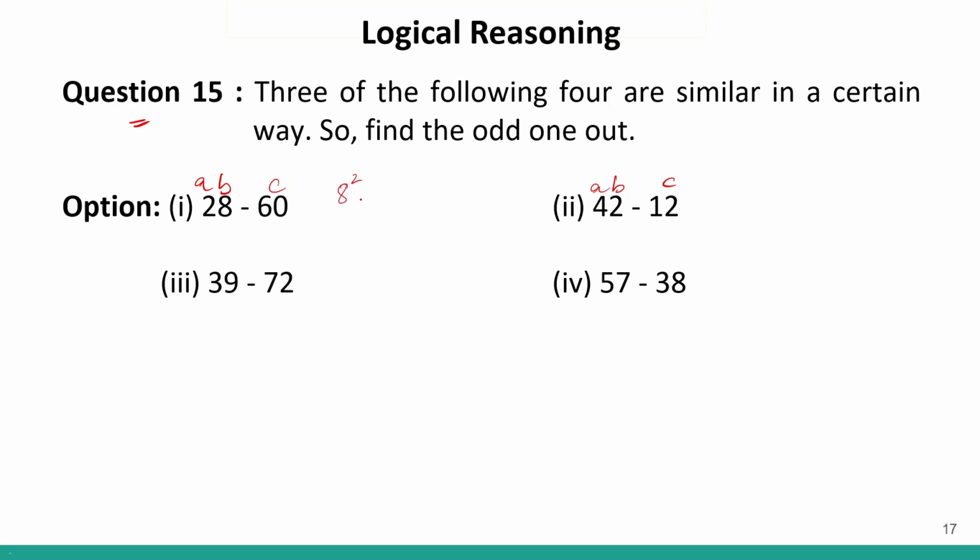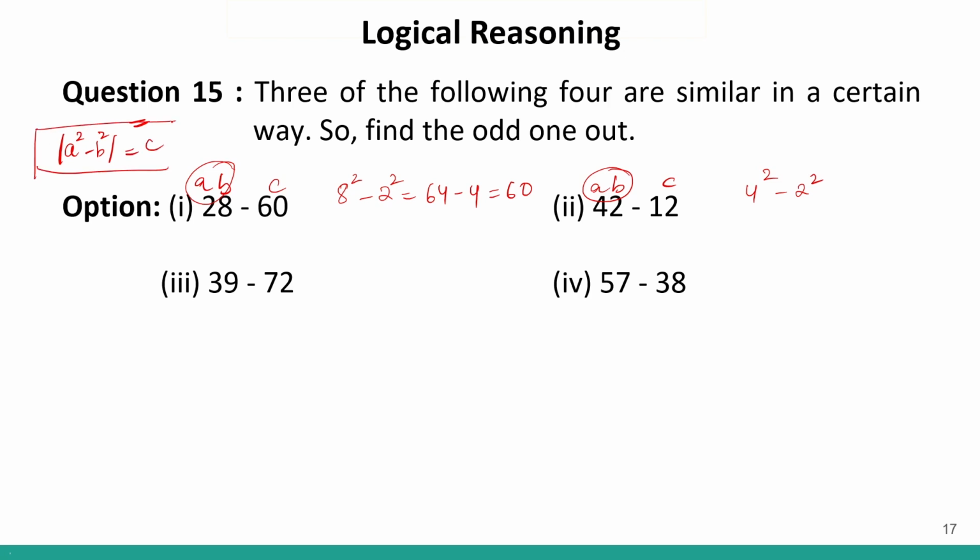If I do 8 square minus 2 square, it will be 64 minus 4, which will be equal to 60. Correct? If I do 4 square minus 2 square, so the difference between A square and B square, the mod difference between A square and B square is giving me C.